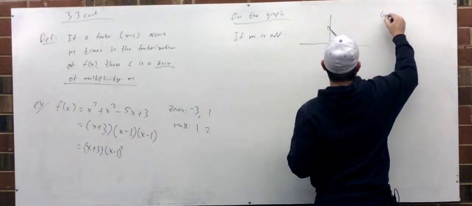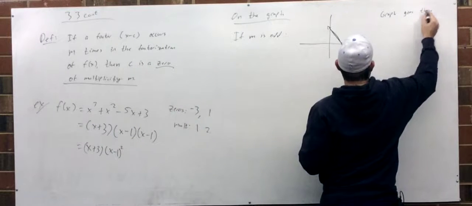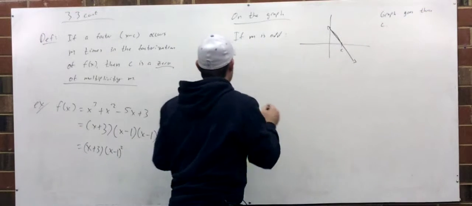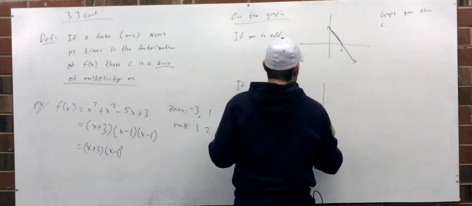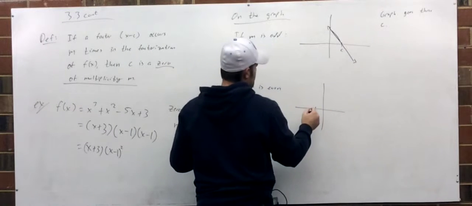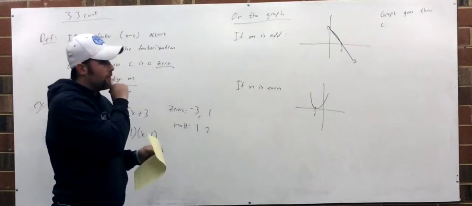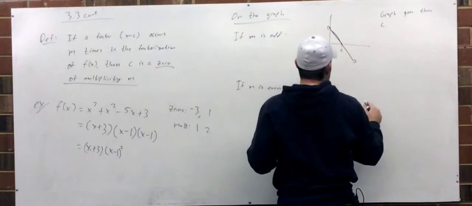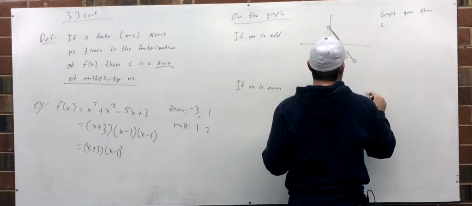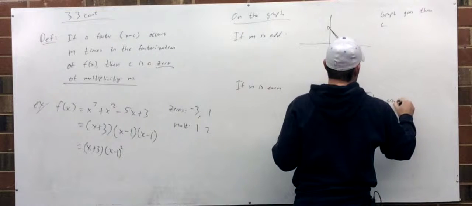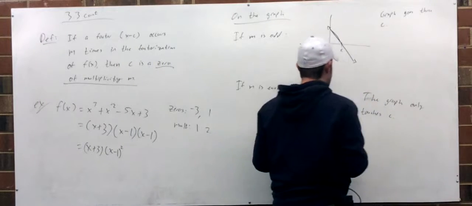So here the graph goes through c. But if m is even, then we know that the graph, no matter where c is, is only going to touch that point. It's not going to go through it. So up here it went through the point c. Down here, the graph only touches c.